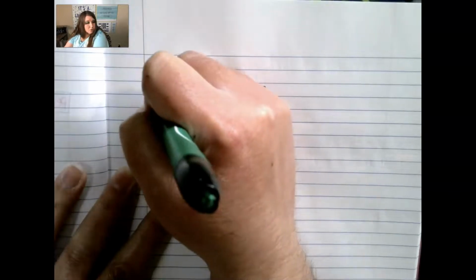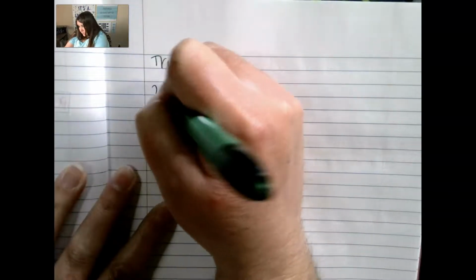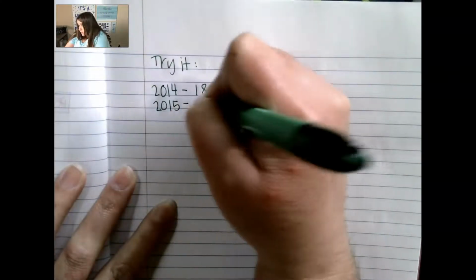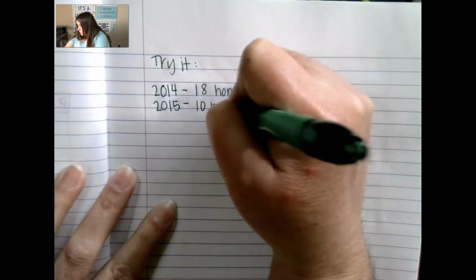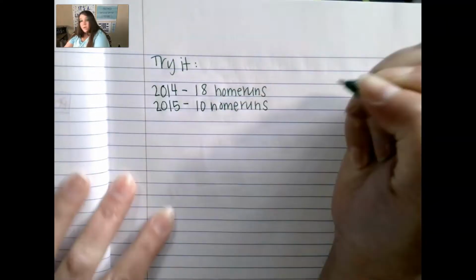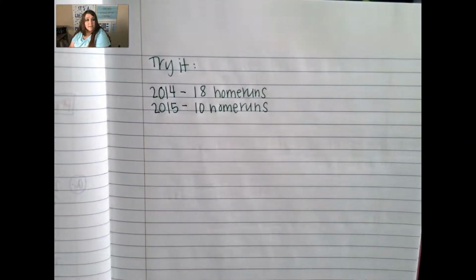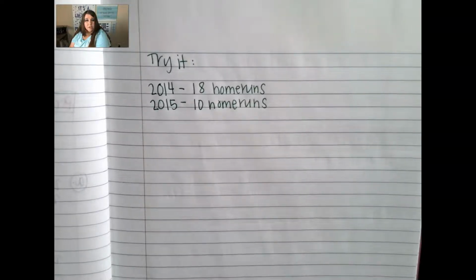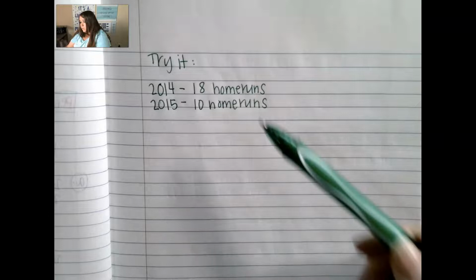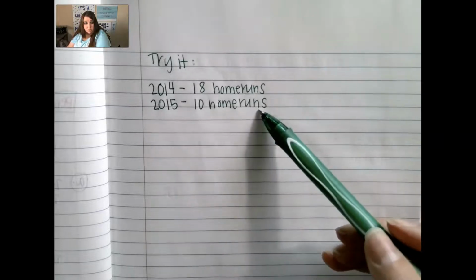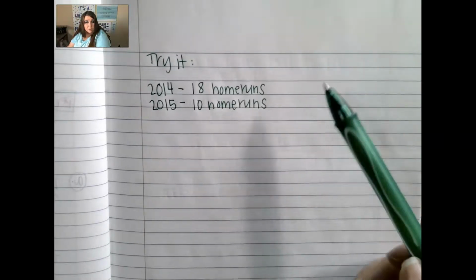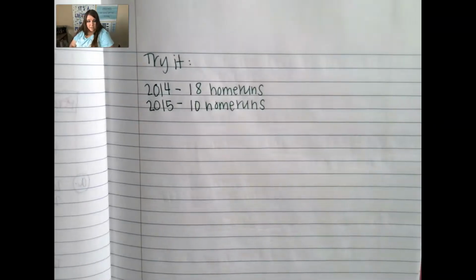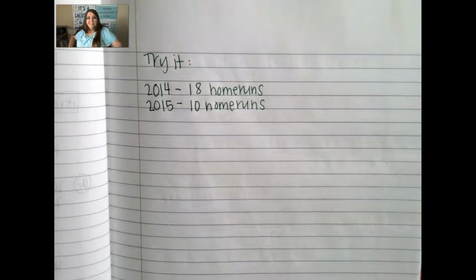In 2015, there were now 10 home runs. Okay, our job is to determine what is the percent of change. So what is the percent of change between 2014 to 2015? What is the percent of change? Aside from knowing that our batter is not very reliable.